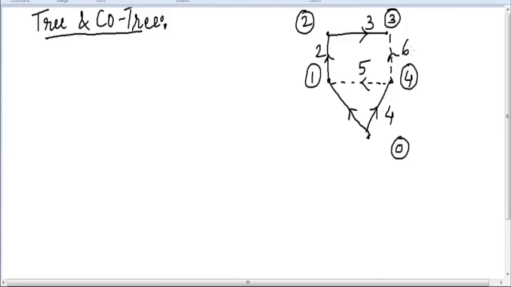So when you draw the branches and the links, that becomes tree and co-tree. So this is the answer of the first bit.